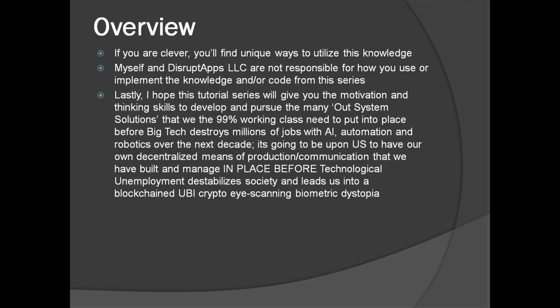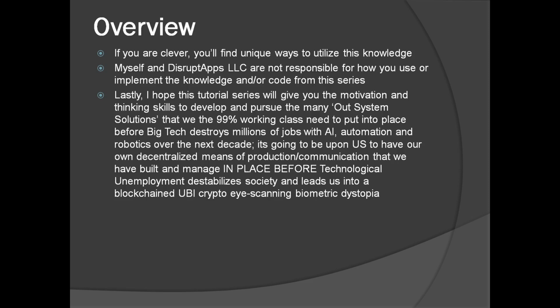Lastly, I know this might be a little controversial statement, but lastly, I hope this tutorial series will give you the motivation and thinking skills to develop and pursue the many out-system solutions that we, the 99% working class, need to put into place before big tech destroys millions of jobs with AI, automation, and robotics over the next decade.